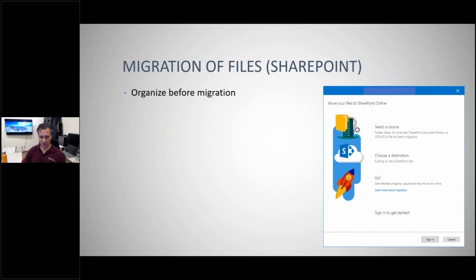Do lots of organization before you start migrating files. And make sure you have a really large bandwidth when you're doing this migration. Don't try to do this when you have like a 5 megabit Comcast connection that drops every once in a while.